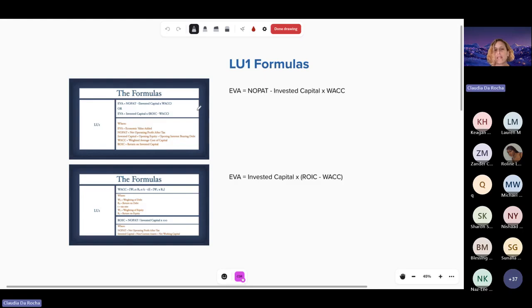All right. With our learning unit 1 formulas, you have EVA is equal to NOPAT less your invested capital times your WACC, and then you have EVA is equal to invested capital times your return on invested capital minus your WACC. Just a note that not all the formulas are on the formula sheet; there is a formula sheet, but it's very limited.